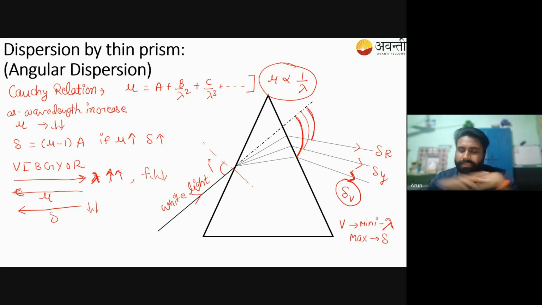Simple thing to remember: you have to focus on only two factors, wavelength and deviation. If wavelength increases, deviation decreases. So larger wavelength, minimum deviation. Greater wavelength, lesser deviation.